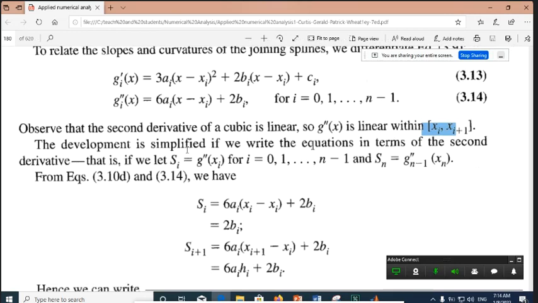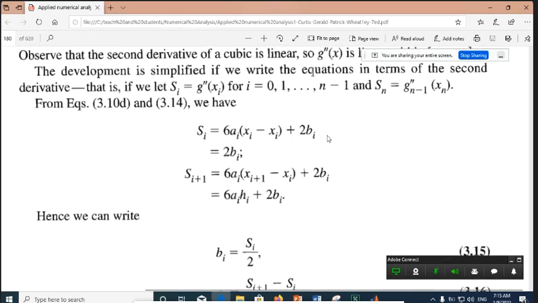The development is simplified if we write the equation in terms of the second derivative, that is, if we let S_i equal g double prime of x_i, and S_n similarly, we get these values.